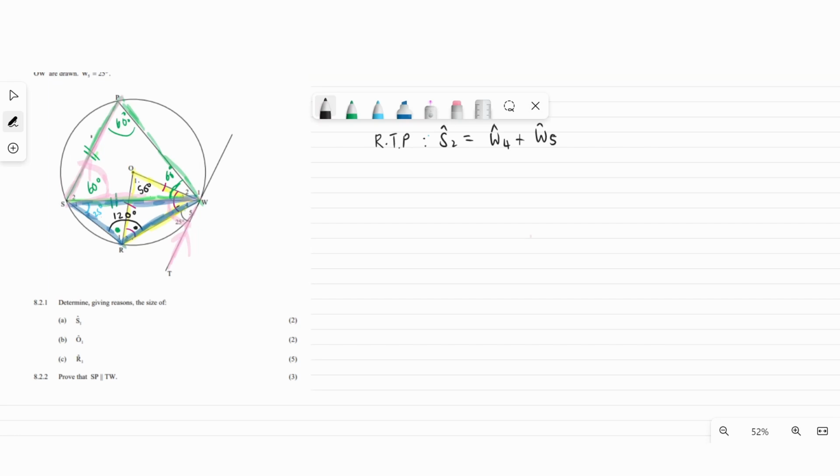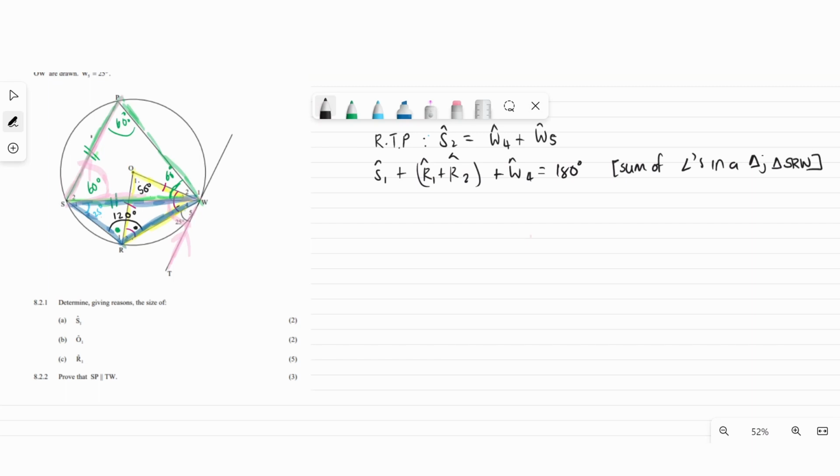What do we know? Angle S1 plus angle R1 plus R2 plus W4 is equal to 180 degrees, and the reason for that is sum of angles in a triangle. The triangle we're talking about is triangle SRW.